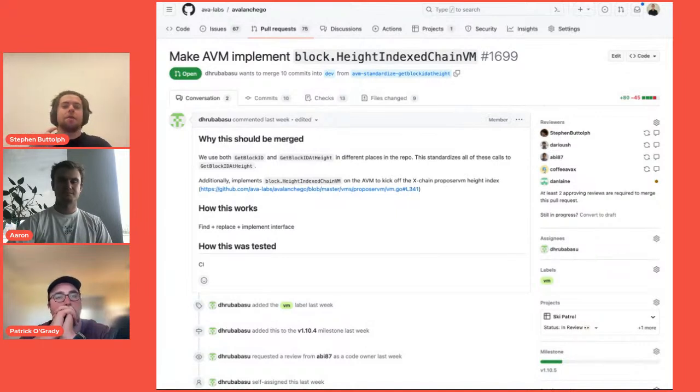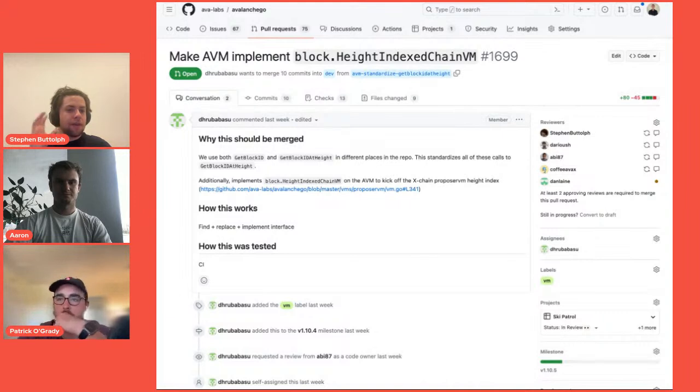But this is a PR to kick off the background indexer for the proposer VM portion of the X-chain heights. Then there's going to be a follow-up PR that introduces P-chain height indexing, which will go through all of the blocks on the P-chain, index their heights, and then kick off the proposer VM index for that as well, all with an eye towards bootstrapping improvements down the line.